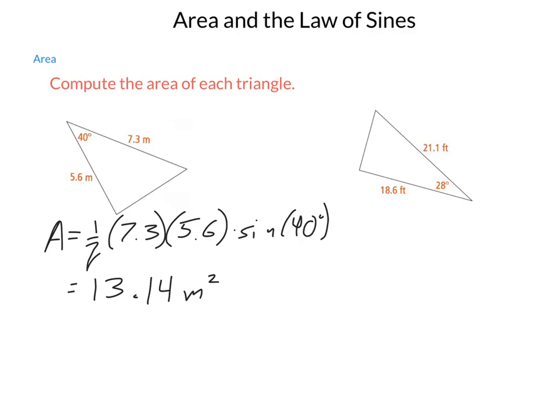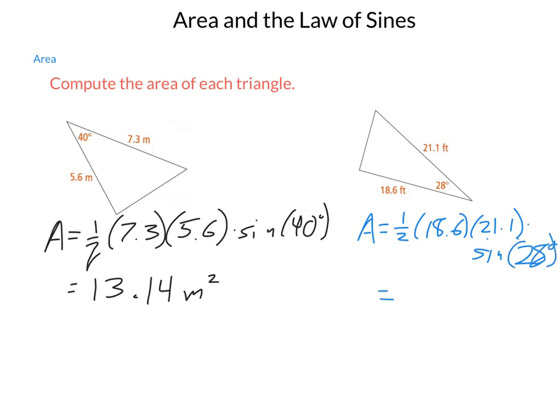Okay, so what does it look like on our next triangle? So again, we're going area, and we're going to take our two sides, 1/2 of 18.6 times 21.1 times the sine of 28 degrees.